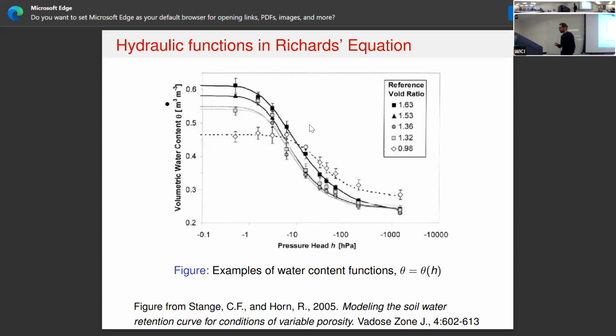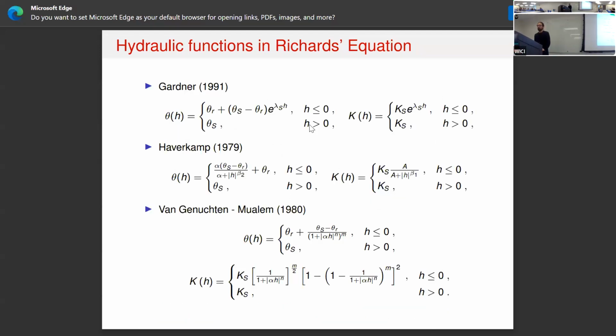Okay. And in this direction, well, many different models have been proposed, starting from, well, some pioneering works that I mentioned here. So these are the possible hydraulic functions we can consider. Okay. So there is a Gardner model that takes into account an exponential relation between pressure heads and water contents, and that's the hydraulic conductivity function that results from this relation.